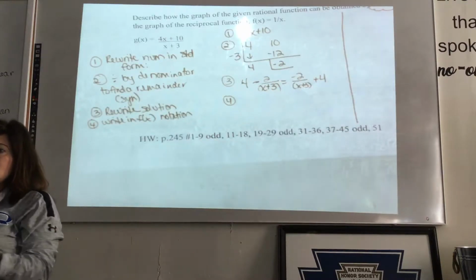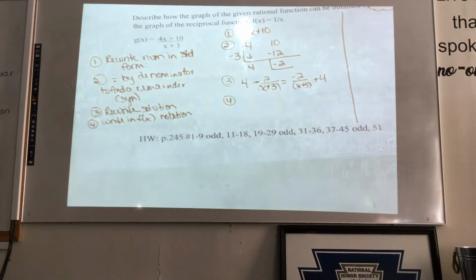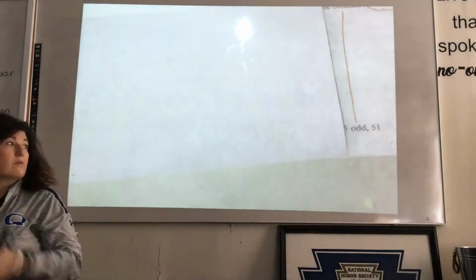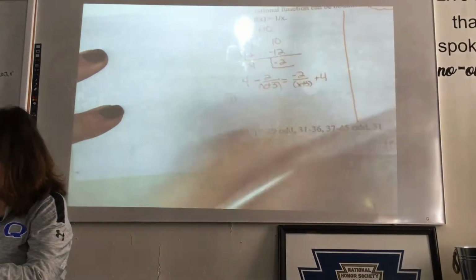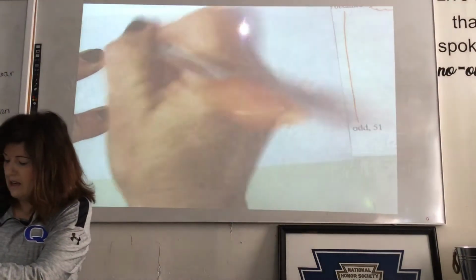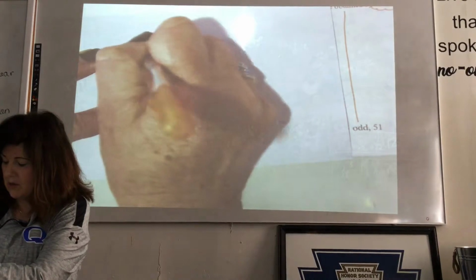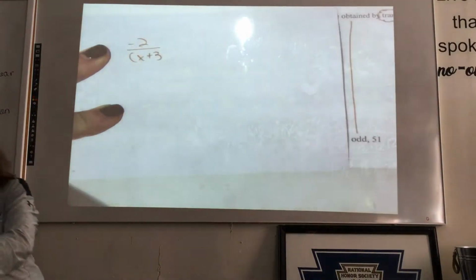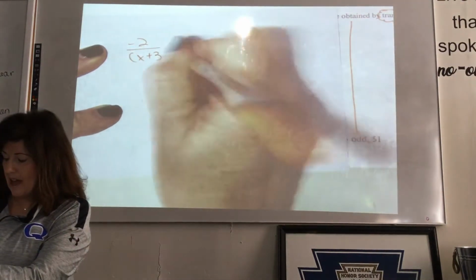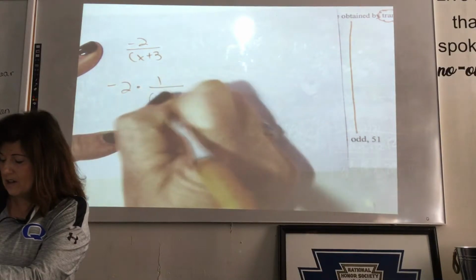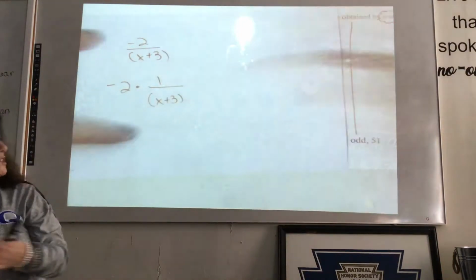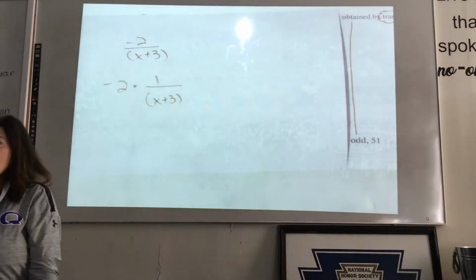Okay, now I'm going to kind of squirrel on you a little bit. I want to ask you this question. If I have -2 over x plus 3, is that the same thing as saying -2 times 1 over x plus 3? Do I have equivalent values there?